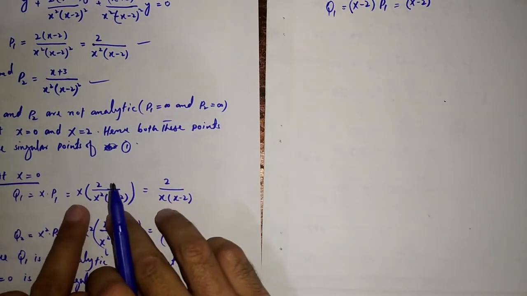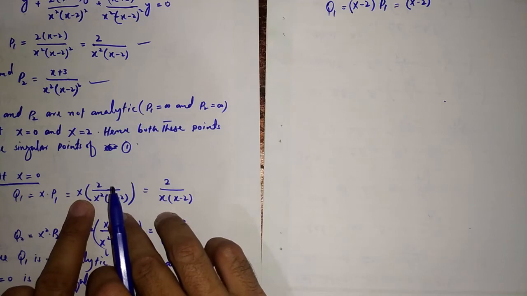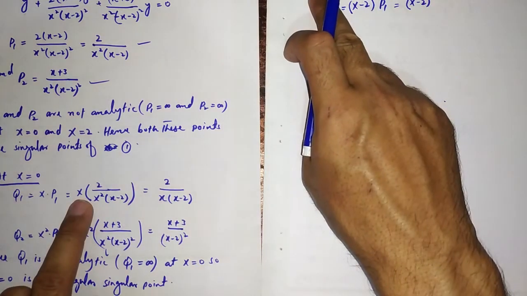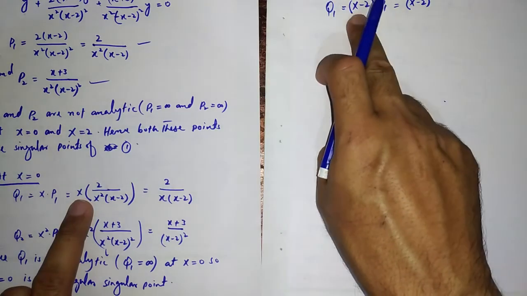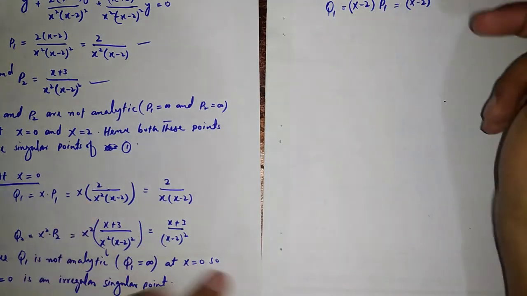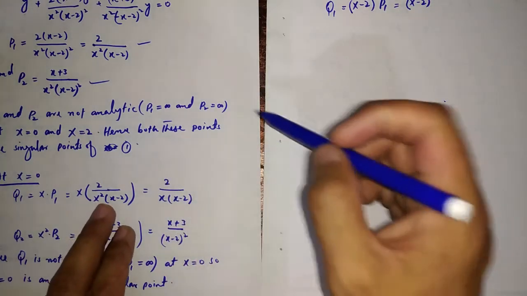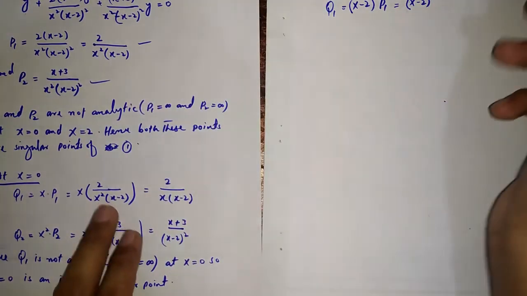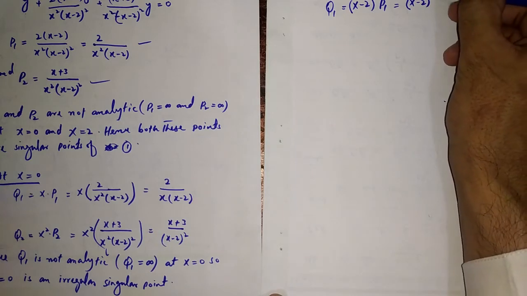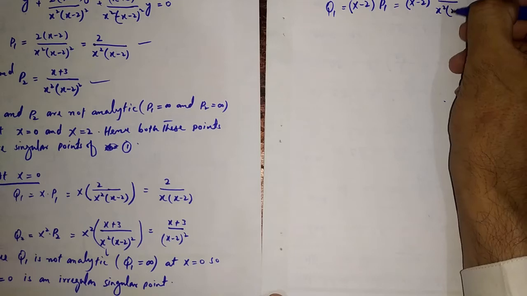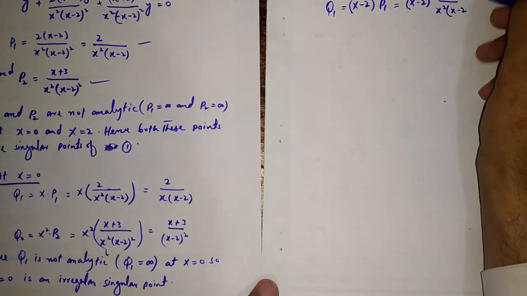So this is x minus 2 into P1, and P1 is 2 divided by x square into x minus 2.